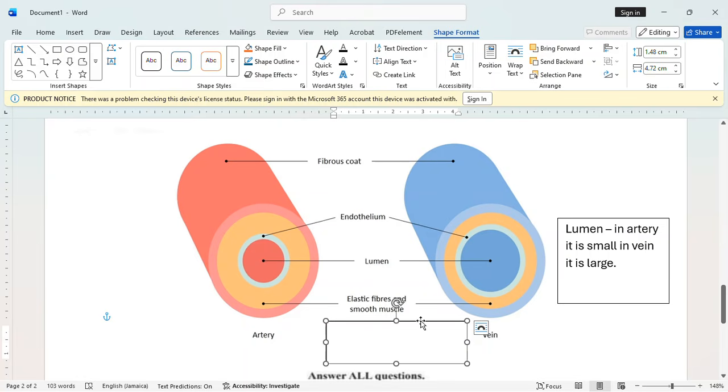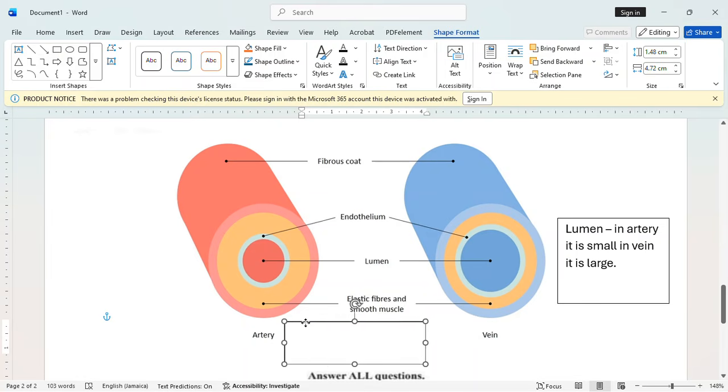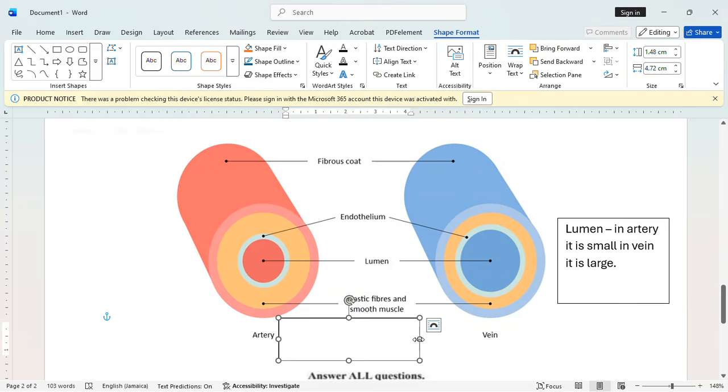Block out the words artery and vein. So what is the role of the elastic fibers? Anybody know? The elastic fibers.